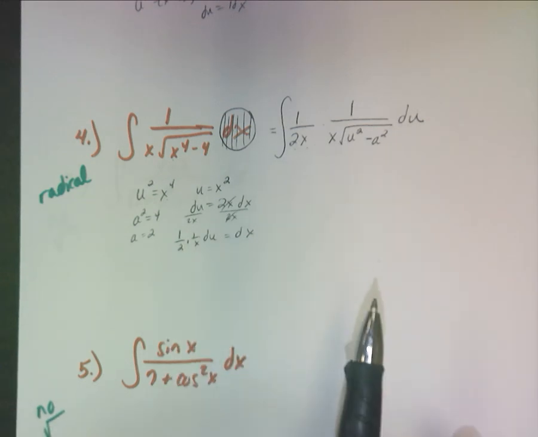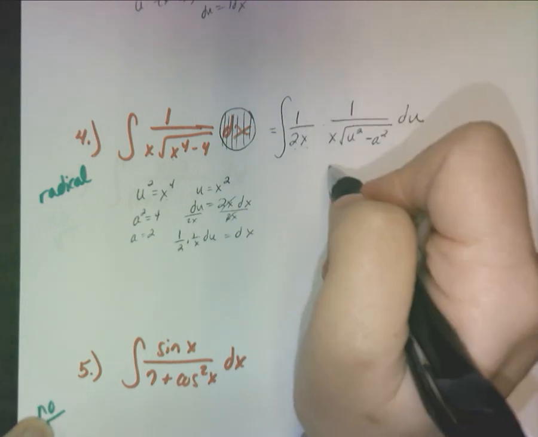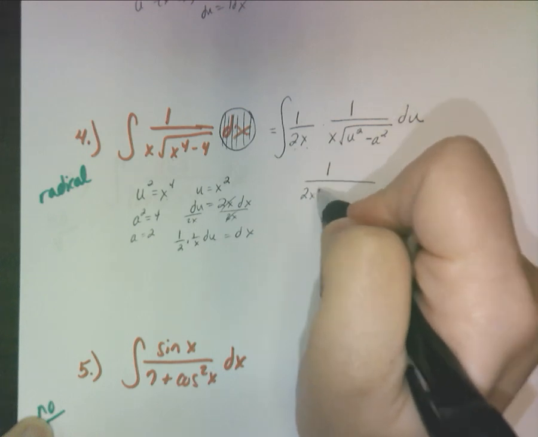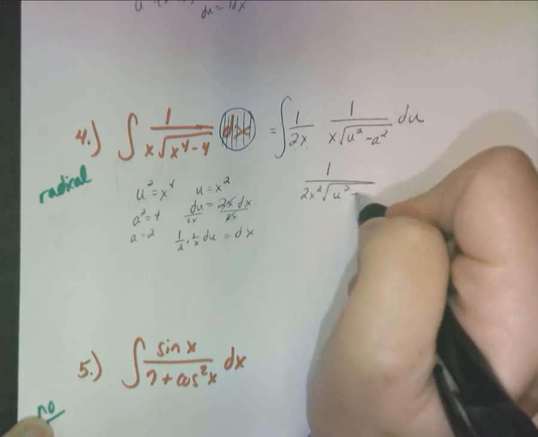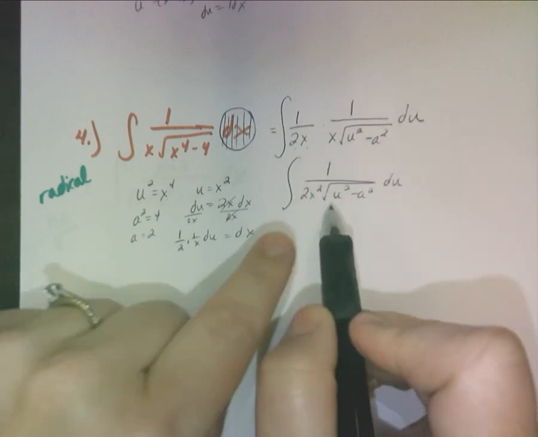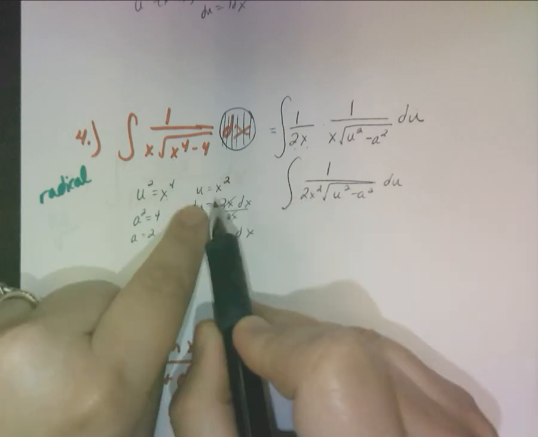What does that do? I know this seems so tricky. Well, if you notice what happens, 1 times 1 is 1. 2x times x is 2x squared times the square root of u squared minus a squared du. And that x squared is u.